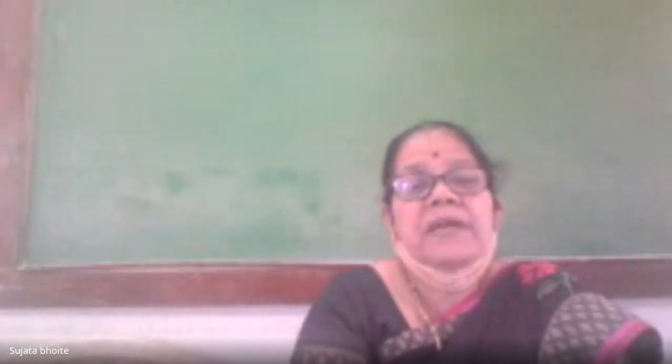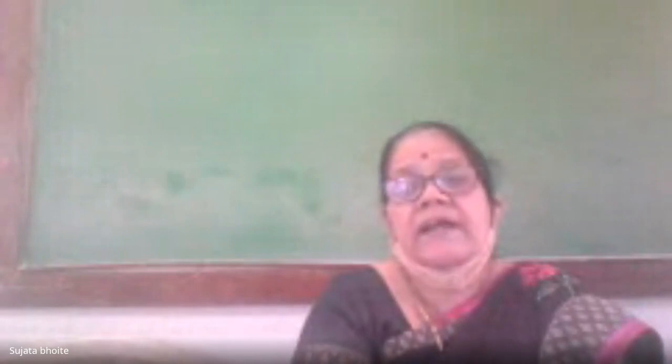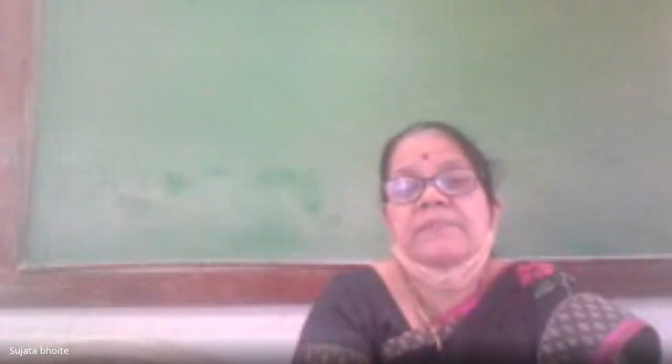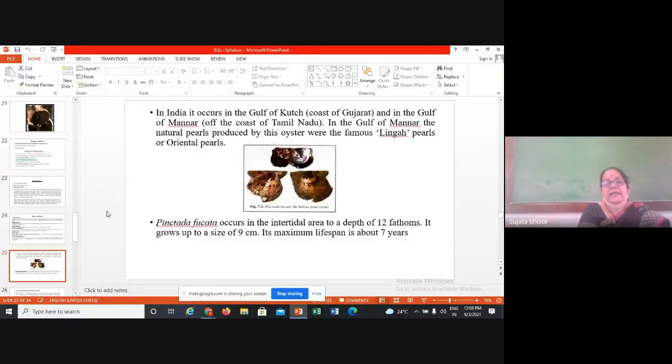Pinctada fucata occurs in the intertidal area, at a depth of 12 fathoms. It grows up to a size of 9 centimeters and the maximum lifespan is about 7 years.